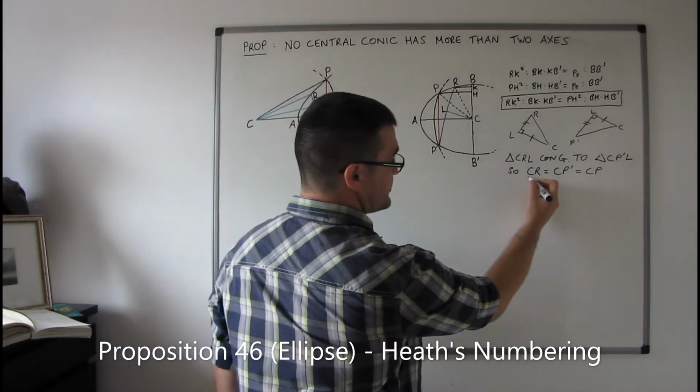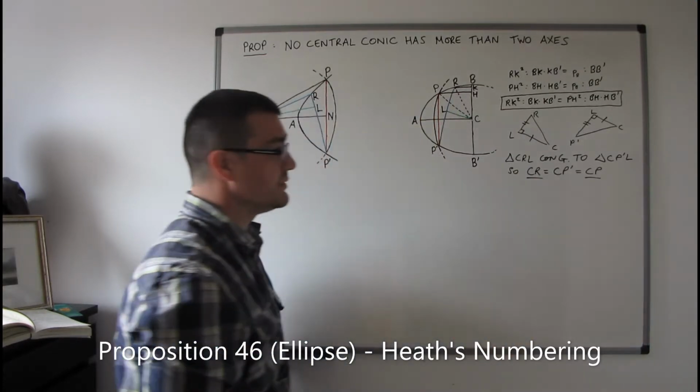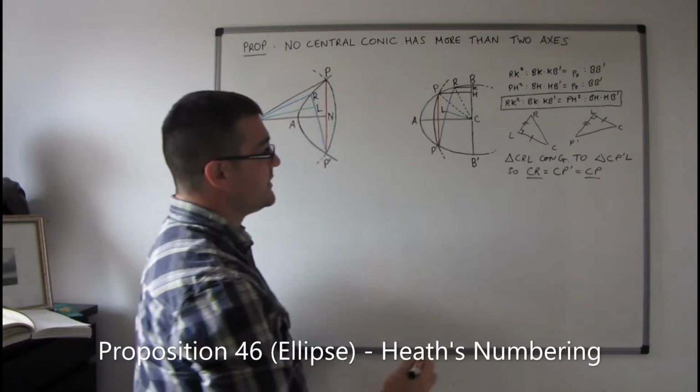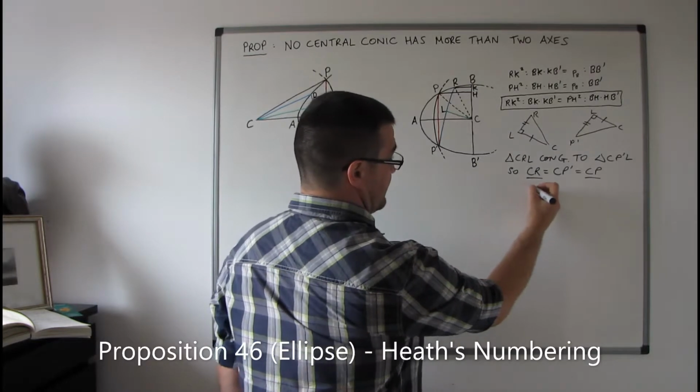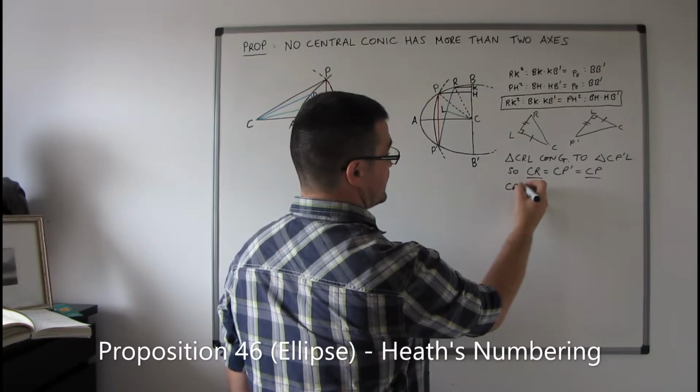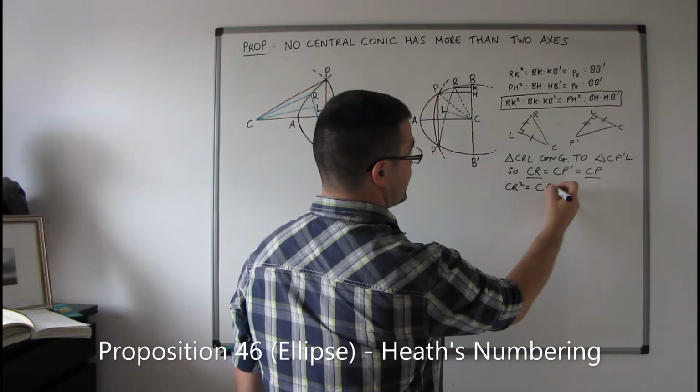In particular, we're interested in CR being equal to CP because that means that CR squared is equal to CP squared.